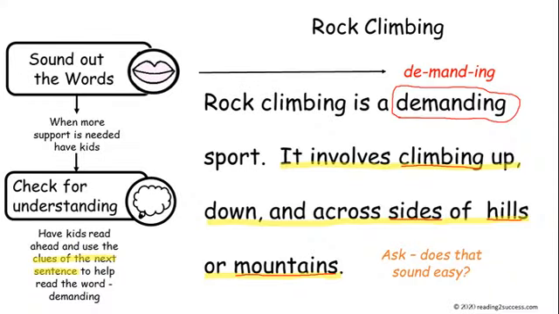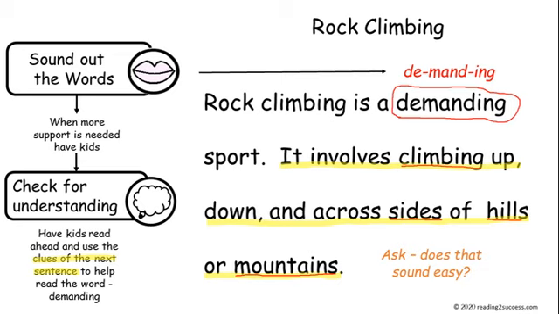As kids begin to read this passage, they incorrectly read the word demanding. At this point, have kids attempt to sound it out. De-man-ing. If this is difficult, have kids read ahead. Talk about the clue words climbing, sides of hills or mountains, and then ask, does that sound easy?